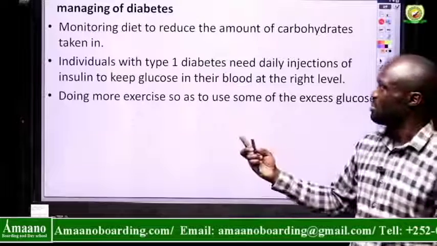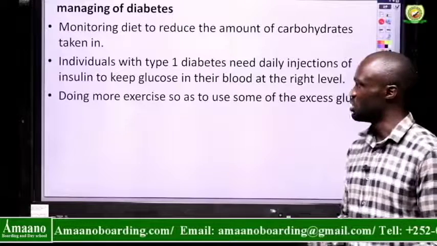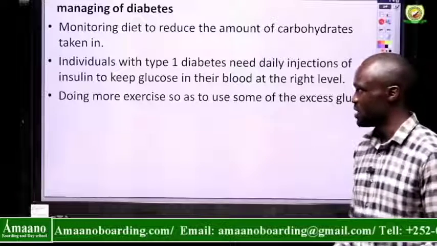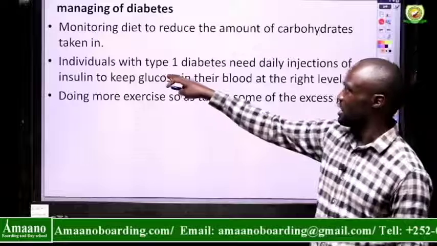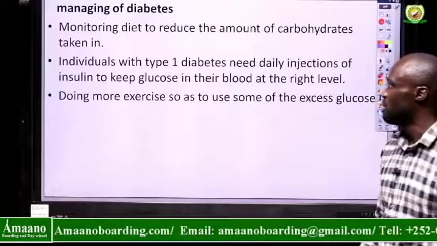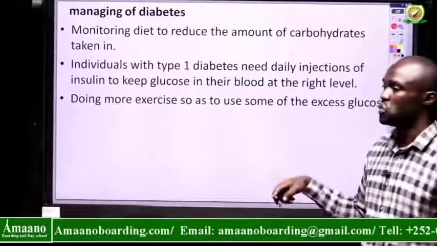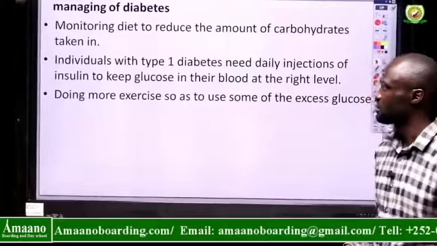But there is another type of diabetes which is called type 2, where the cells cannot respond to insulin. Type 1 is common in people below the age of 35, then type 2 is 35 and above.